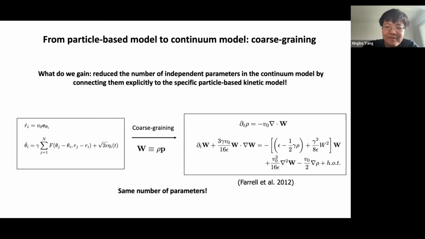That determines whether the particles see the boundary or not. If you are quite persistent, your effective diffusivity at the long time scale is quite large, and then you feel the boundary, and there will be a phenomenon of accumulating at the boundary. A lot of interesting work has been done on active matter particles in confinement, so I would advocate you look into those literatures.